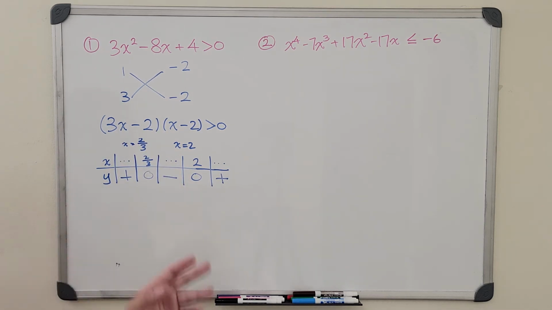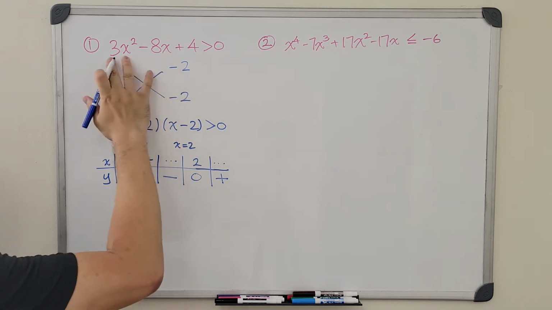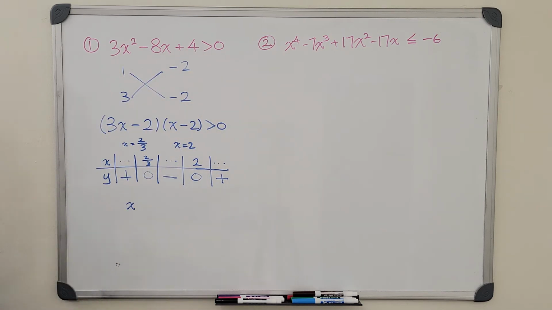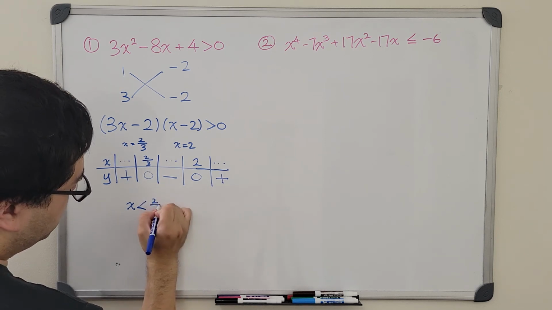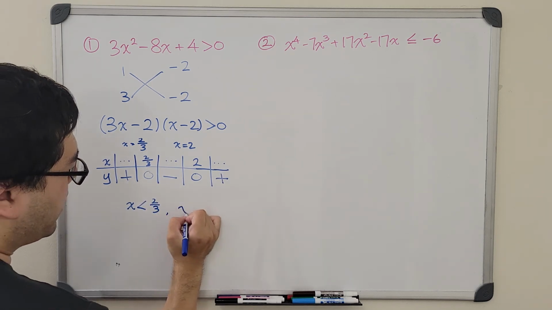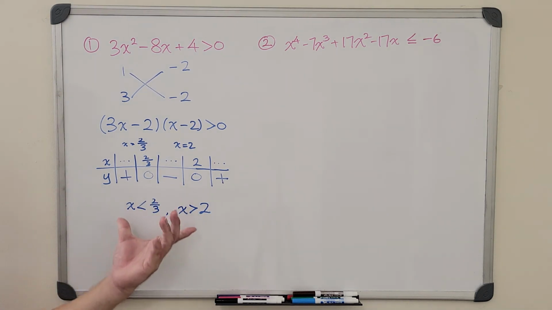So with the charts here, we can now conclude that the solution set that we want for the inequality above is everything that is strictly less than 2/3 or everything that is strictly greater than 2. And again, why is that the case?